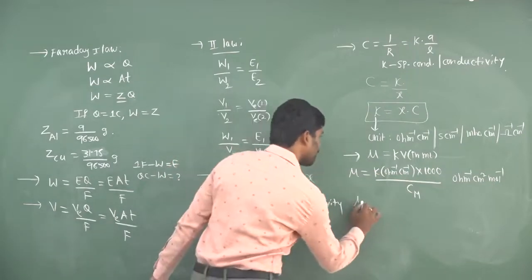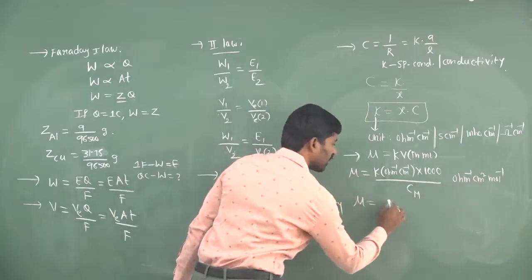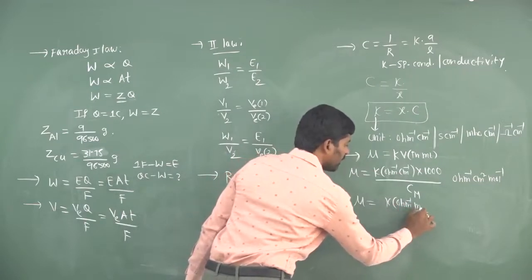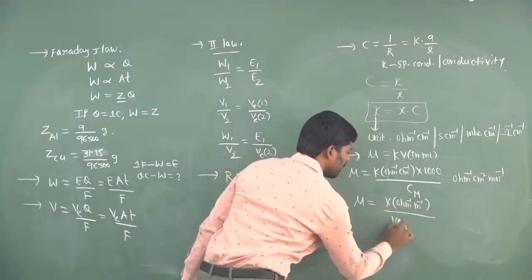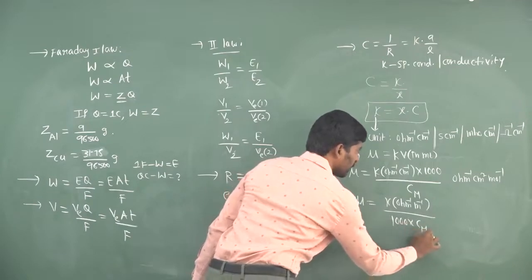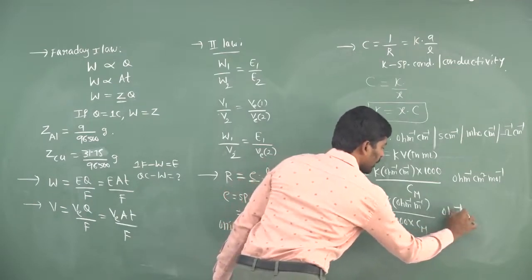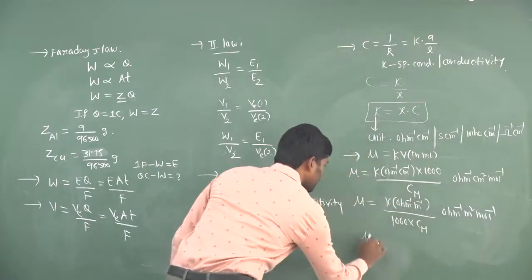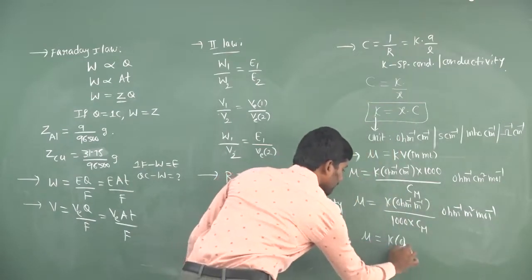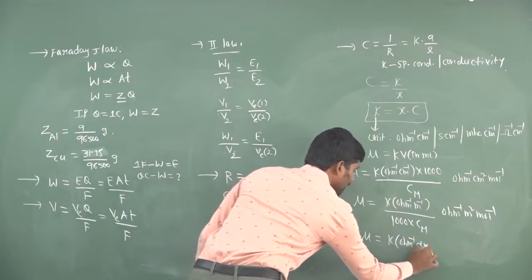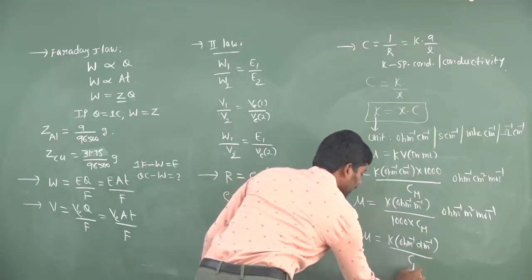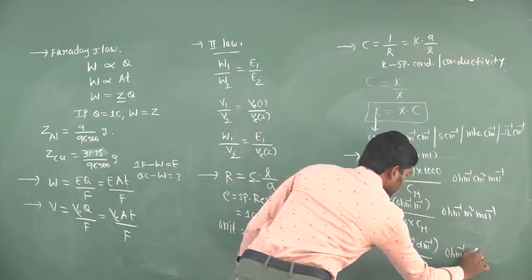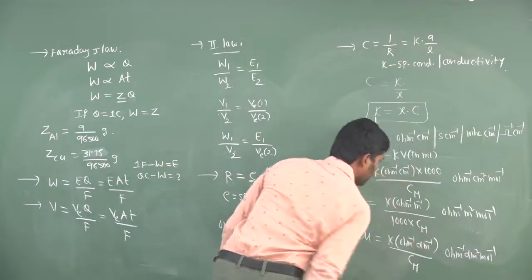If you want to get meter square, then the formula is K in ohm inverse meter inverse by 1000 into concentration in molarity, giving ohm inverse meter square per mole. If the data is given in decimeter inverse, ohm inverse decimeter inverse by concentration in molarity, we get ohm inverse decimeter square per mole.